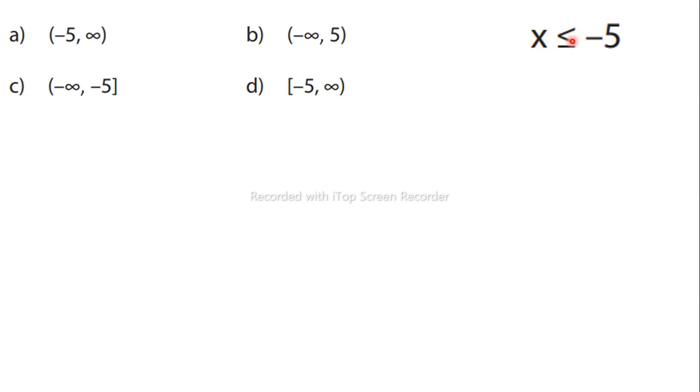Alright, so let's begin with A as usual. And what is A trying to say? Well, A is saying, hey, why don't you start at -5? Well, no, we can't really start at -5 because we have an open bracket. But start at numbers greater than -5 and get increasingly bigger.